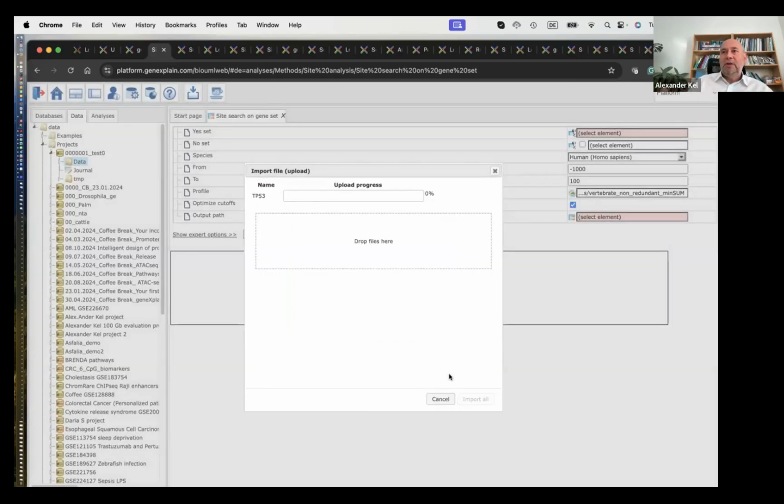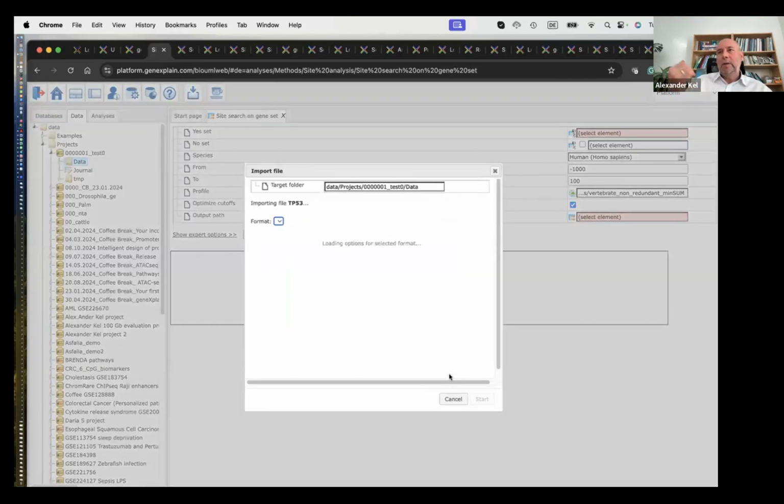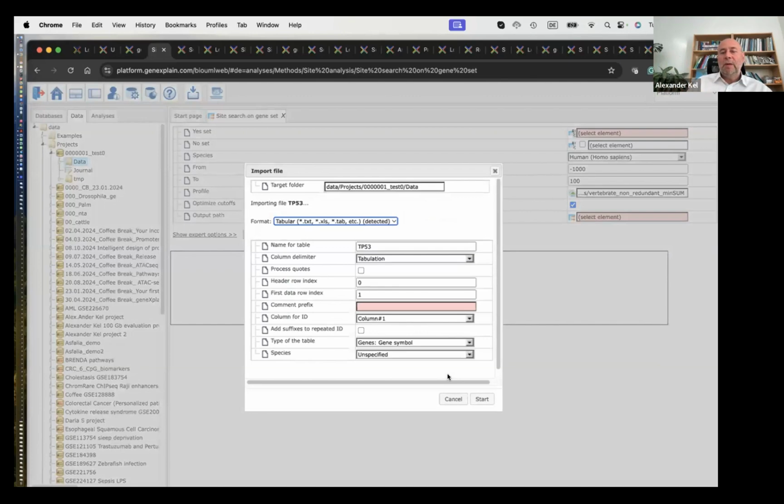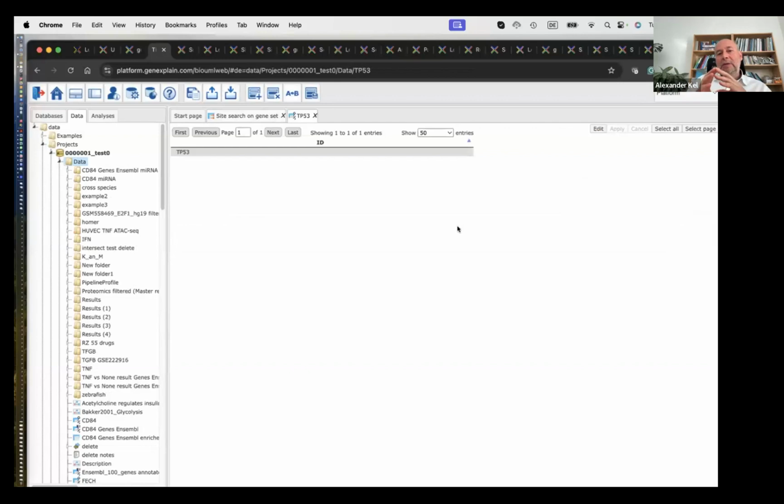If you have this gene in some extra table, or you can download it from somewhere, this is also possible, but you can simply type it in this window. It's actually from human. So now we'll have this gene. But to know exactly what place in the genome you are talking about, you have to convert it to Ensembl ID. Why?